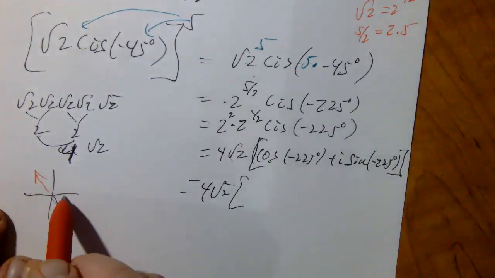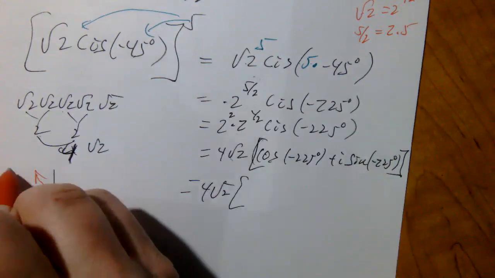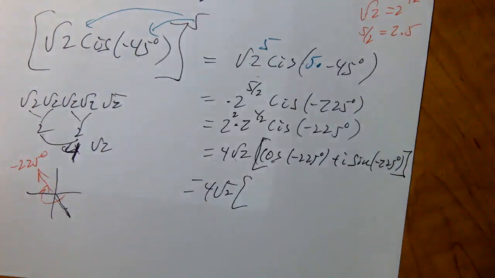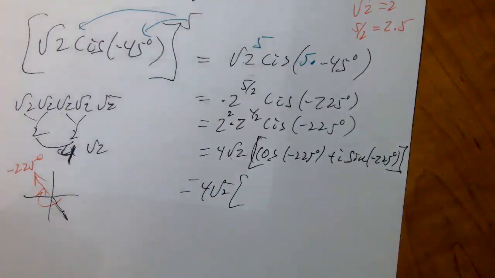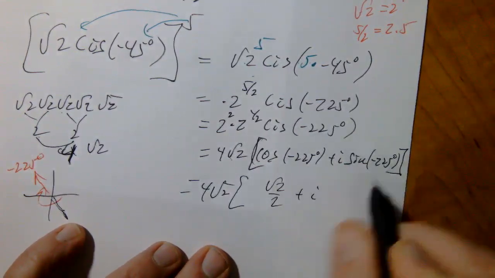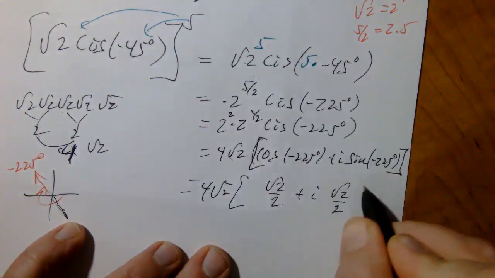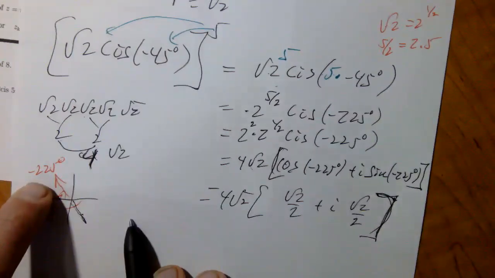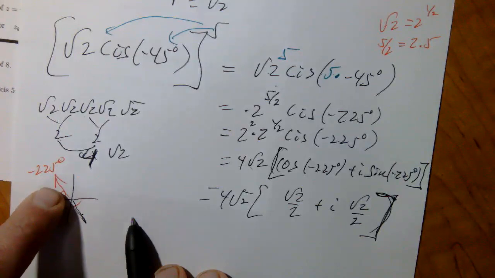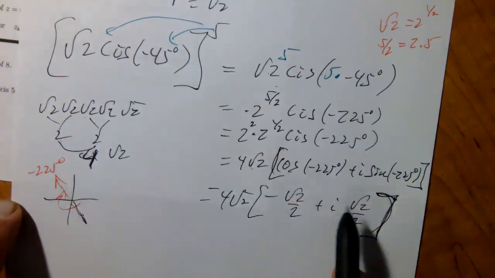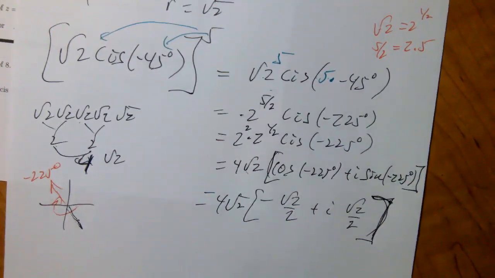So negative 225 would put me in quadrant 3, but my reference angle is still going to be 45, because it's 45 more than 180. So the cosine of 45 degrees is root 2 over 2, plus the i sine of 45 degrees, again, is root 2 over 2. But since it's negative 225, you went to the left, so cosine would be negative, and you went up, so sine would be positive.